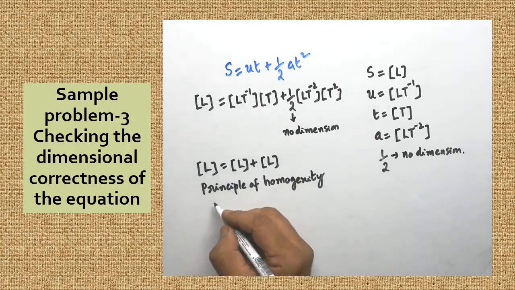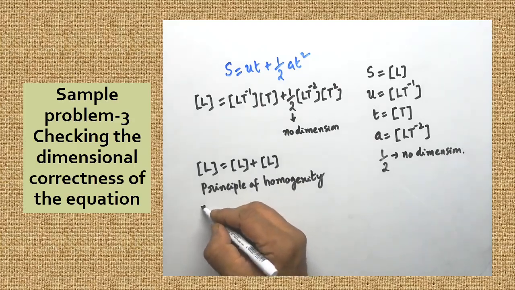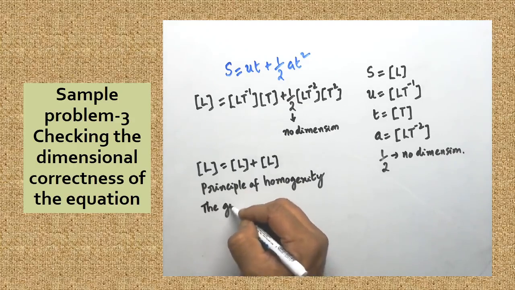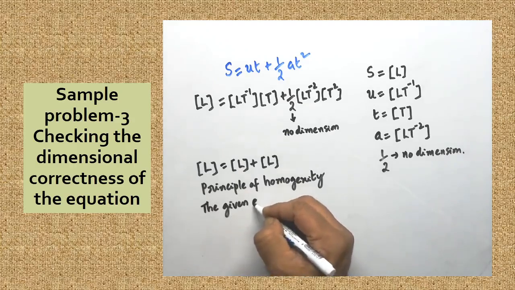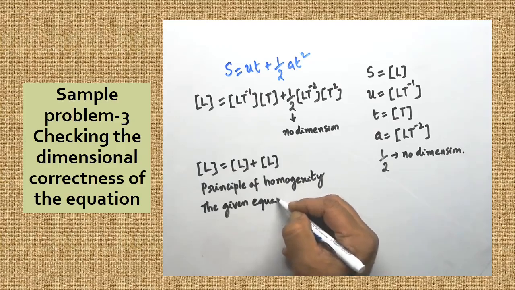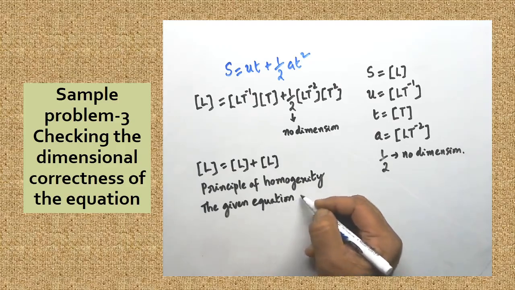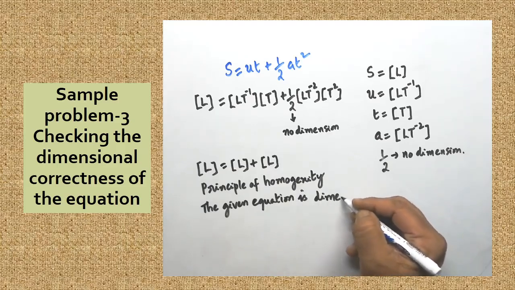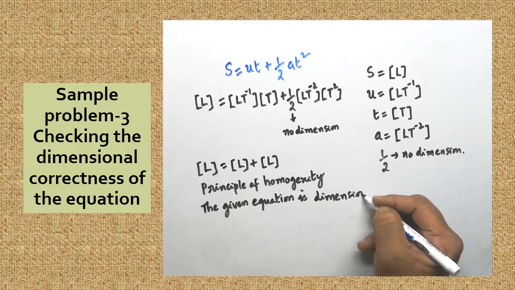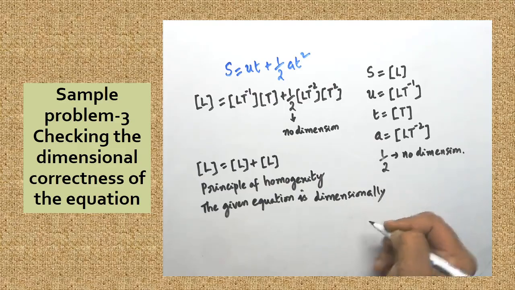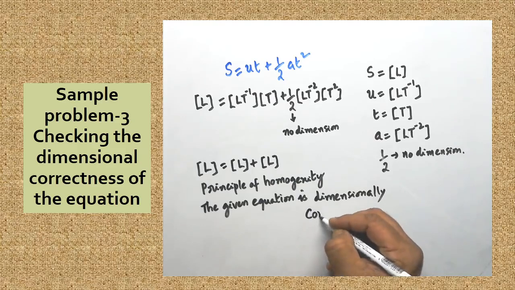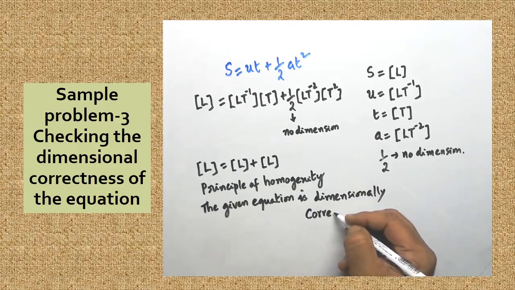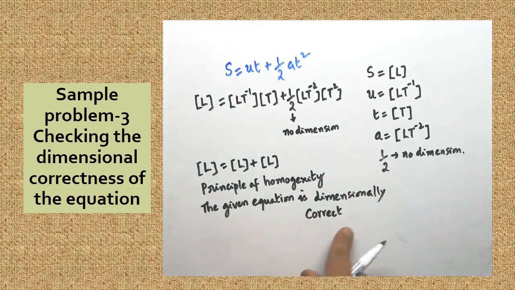So we can say that this given equation is dimensionally correct. We have to write like this. How do I say that this given equation is dimensionally correct?